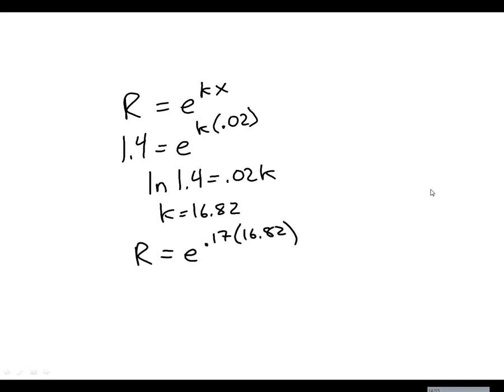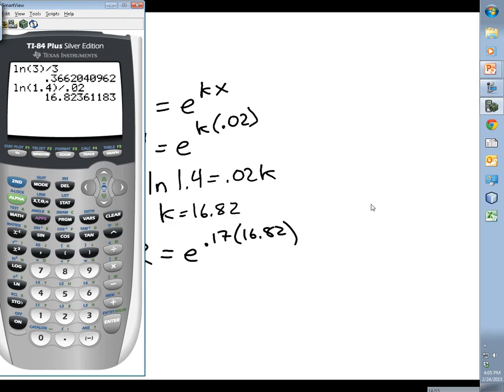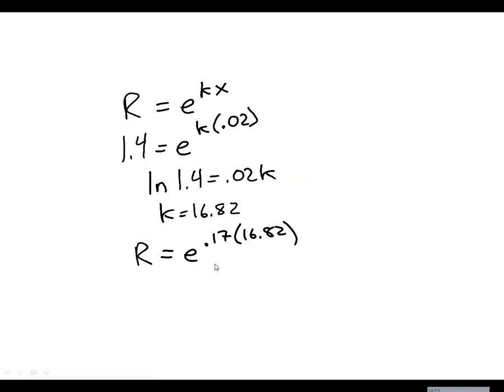We're just going to plug it straight into the graphing calculator. e to the 16.82, and you want to go up and grab it. You don't want to just plug in 0.82 because you're going to lose accuracy, times 0.17, and we get 17.46. So obviously a much higher risk if you have a much higher blood alcohol content. 0.17 would be twice the legal limit.